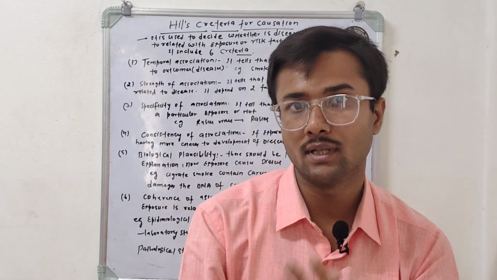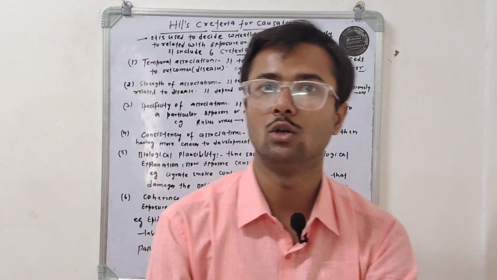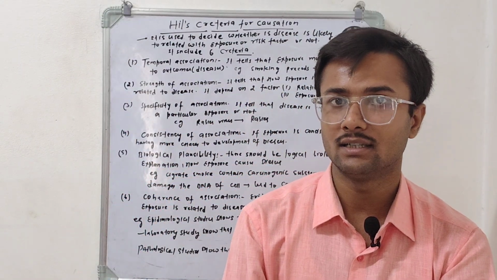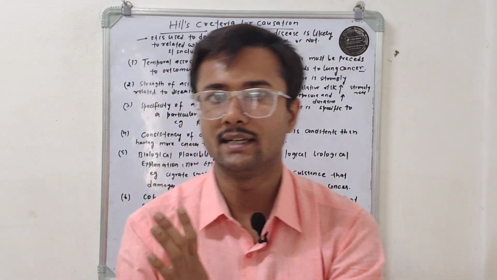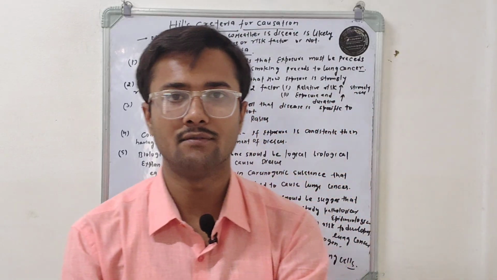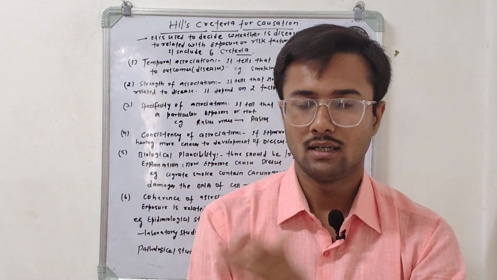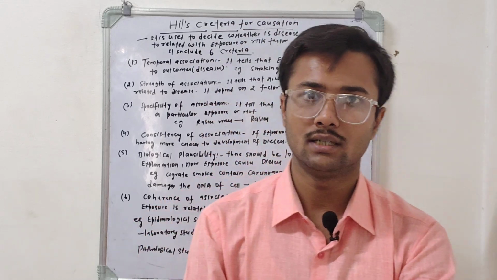If before the development of disease a patient has no exposure, in that condition the causation is not related to the disease. So this is the most important criterion, which tells that exposure must precede the disease.